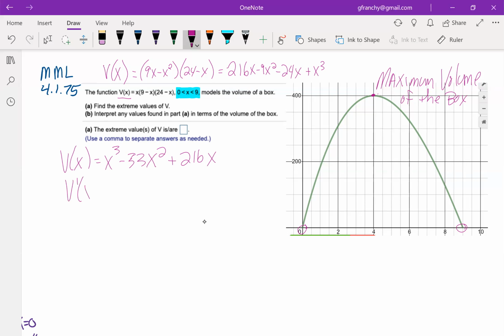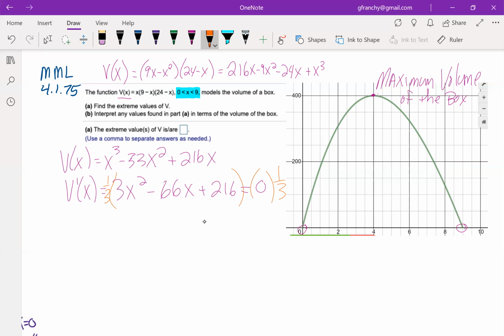Next, we want to take the derivative of that. So that's going to be 3x squared minus 66x plus 216. And we're going to want to set that equal to 0 and solve. Well, the first thing I'm going to do is, everything there is a multiple of 3.